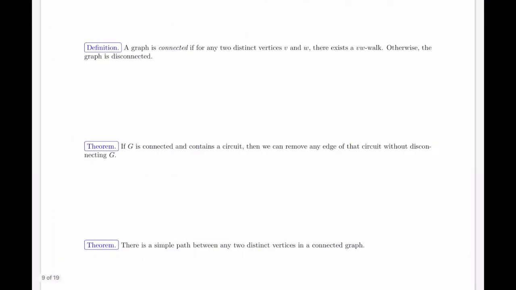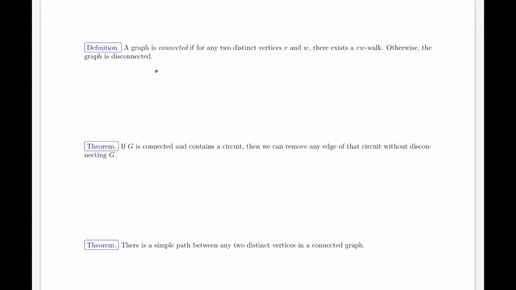Excellent. Let's see what else we can do here in terms of describing connectivity of the graph. And here we first of all get to the actual notion of a graph being connected. A graph is connected if for any two distinct vertices, and being distinct is important, there exists a VW walk.